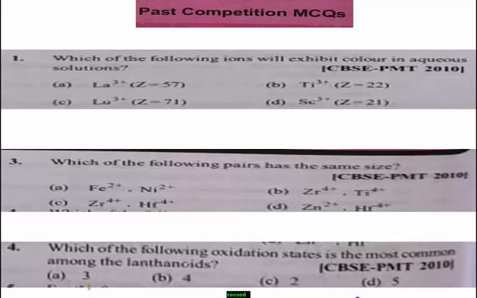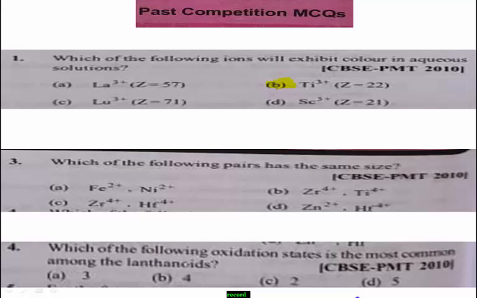When we write the electronic configuration of a particular ion where an unpaired electron is present, that contains color. Which one is the right answer now? Option B, Ti3+ is the correct answer because it contains one unpaired electron.